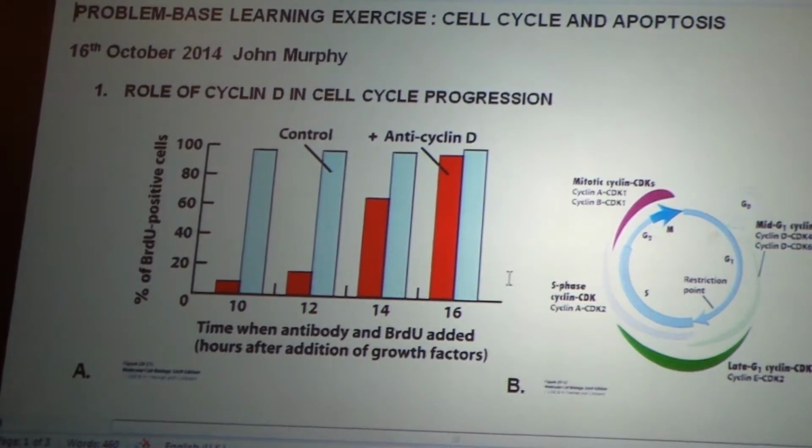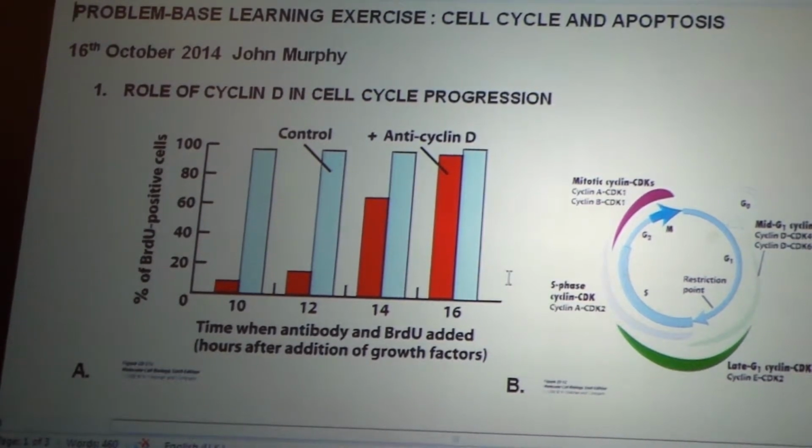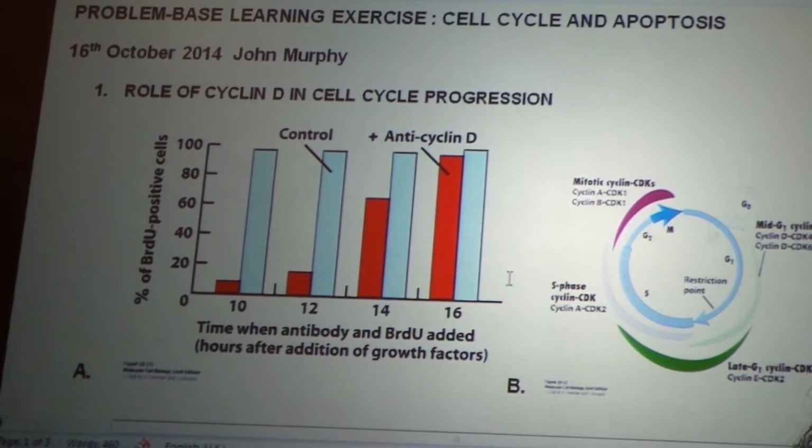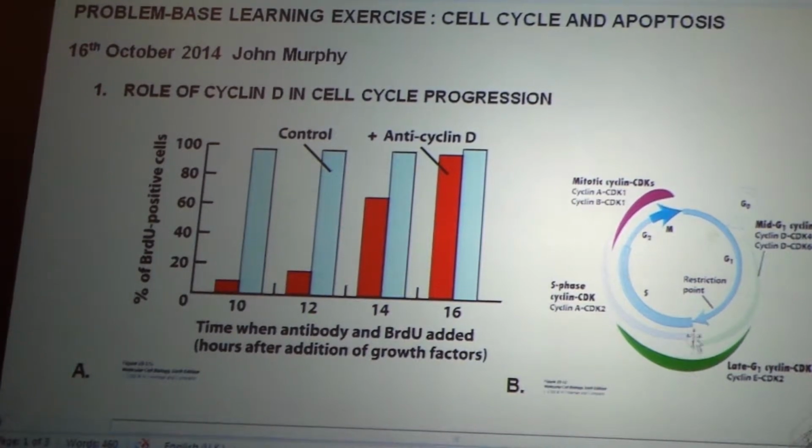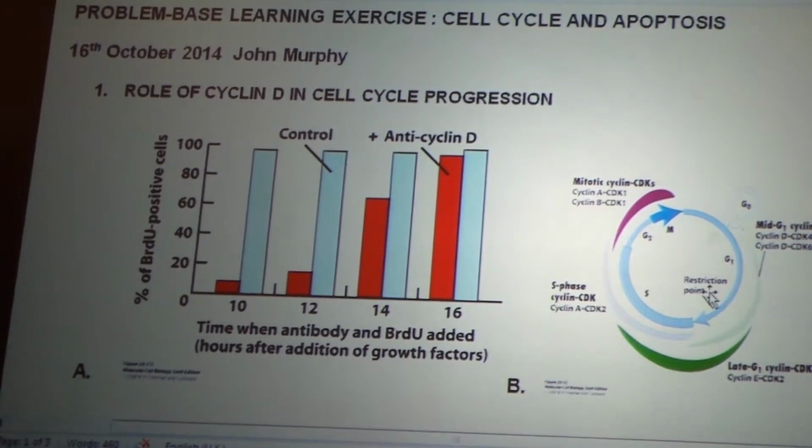Cyclin D is needed in the first 12 hours after stimulation with growth factors, but then the cells have gone through this G1 phase, or most of them have, and so now it's no longer needed. And you can't inhibit cell cycle progression by blocking cyclin D activity, because cyclin D activity is no longer required. They've gone through that phase.